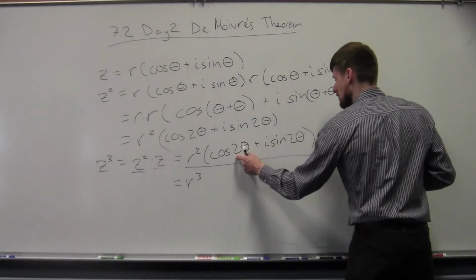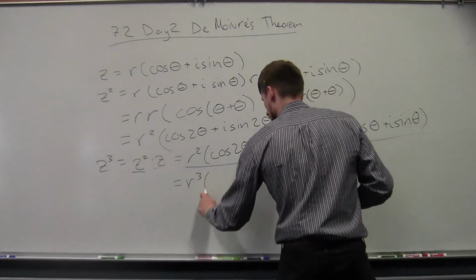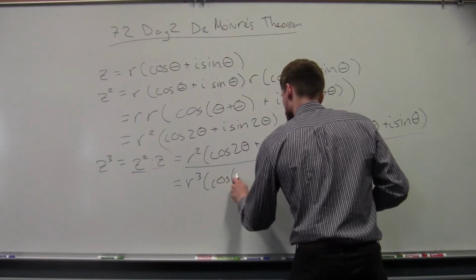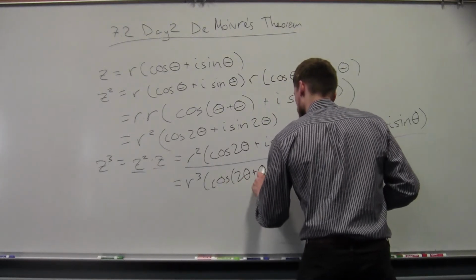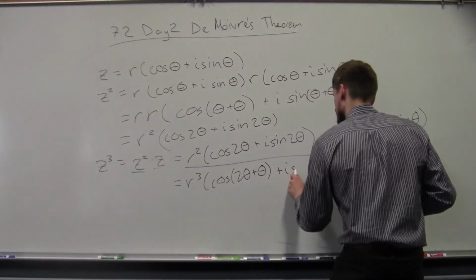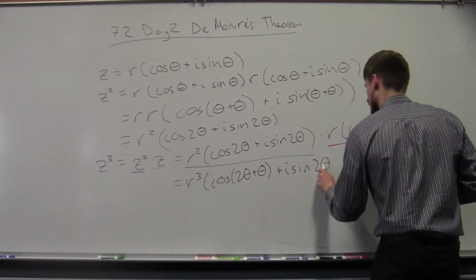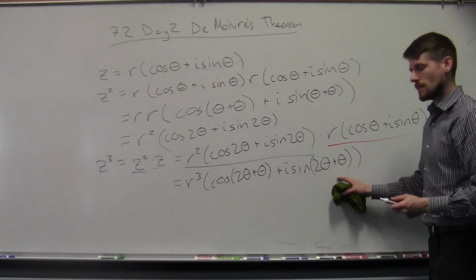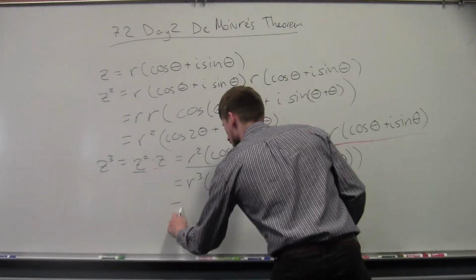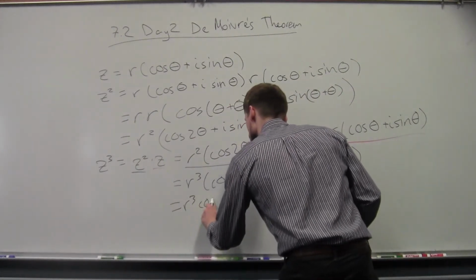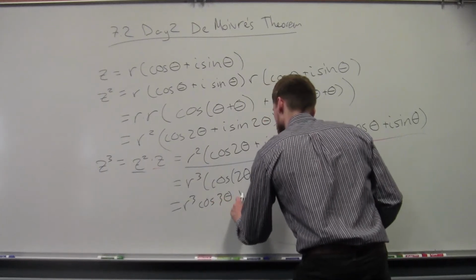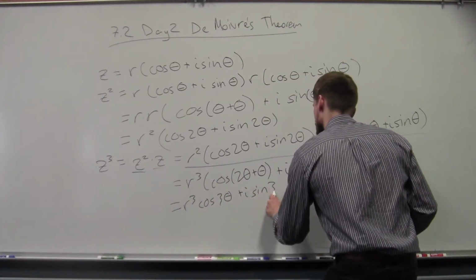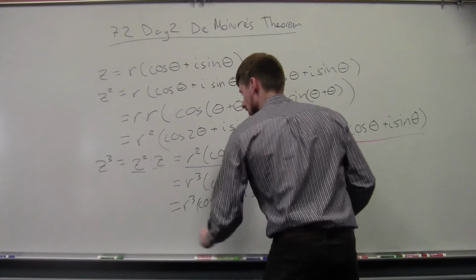So we do 2 theta and theta. So we're going to have cosine of 2 theta plus theta, plus I sine 2 theta plus theta. And we know what this is, that's 3 theta. So we get r cubed cosine 3 theta plus I sine 3 theta. And that's z cubed.